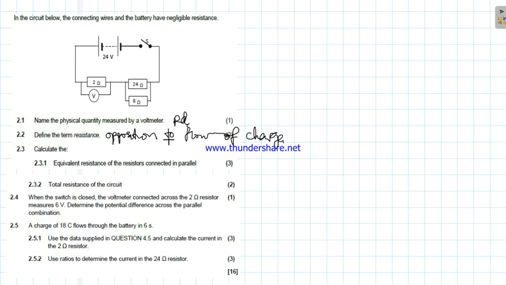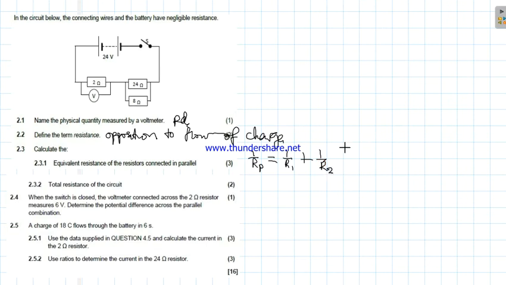Okay, so the formula for calculating equivalent resistance of resistors in parallel is 1 over parallel resistance is equal to 1 over the first one plus 1 over the other one.